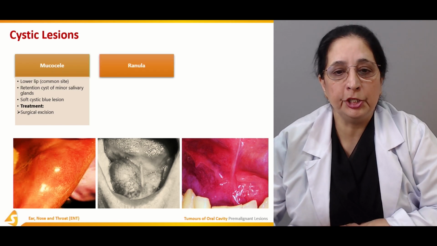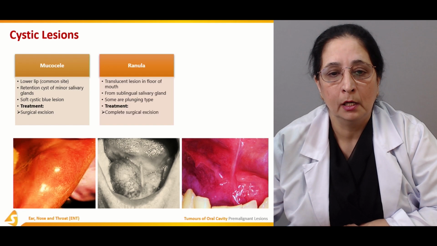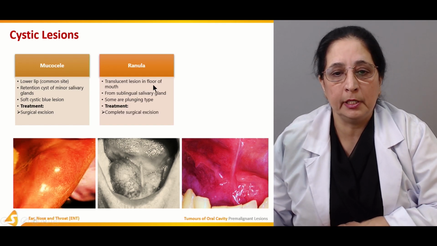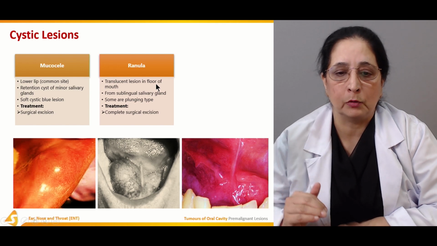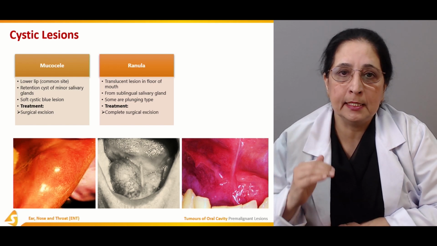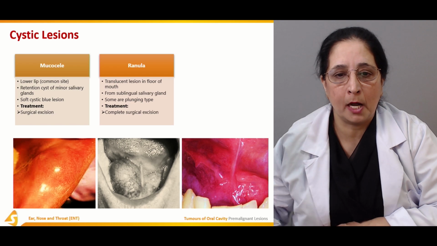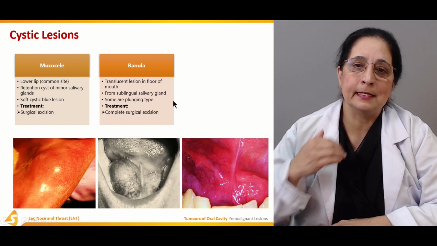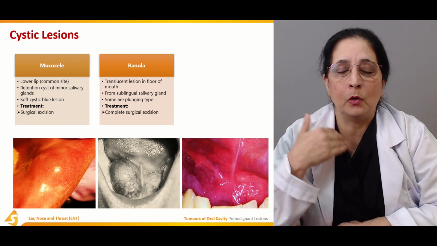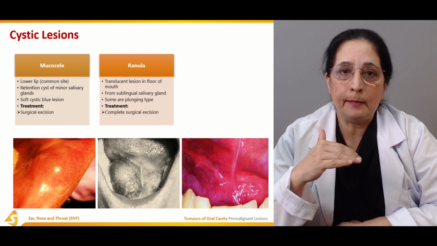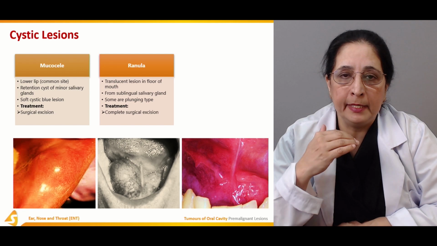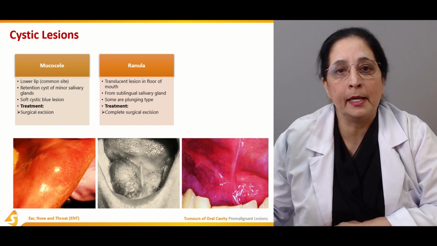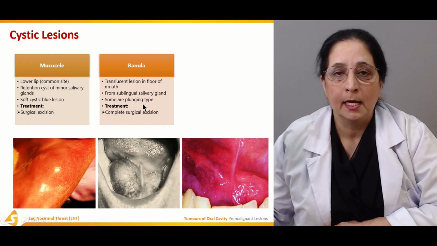Other cystic lesion is the ranula. Ranula is the translucent lesion in the floor of the mouth. It develops from the sublingual salivary gland, from the floor of the mouth under the tongue, and sublingual means under the tongue, the minor salivary glands present under the tongue.